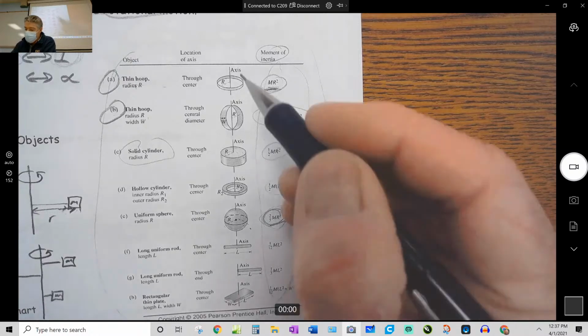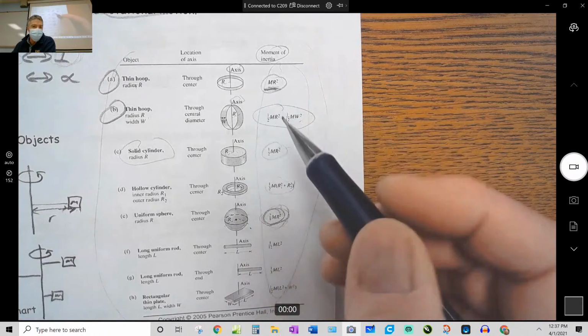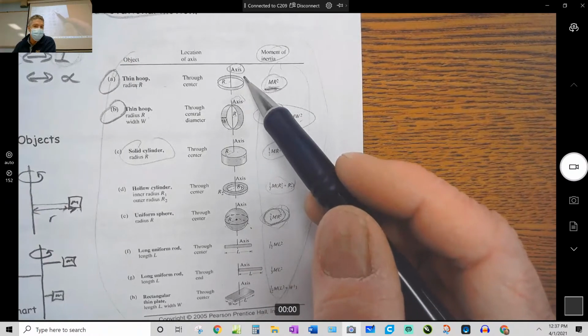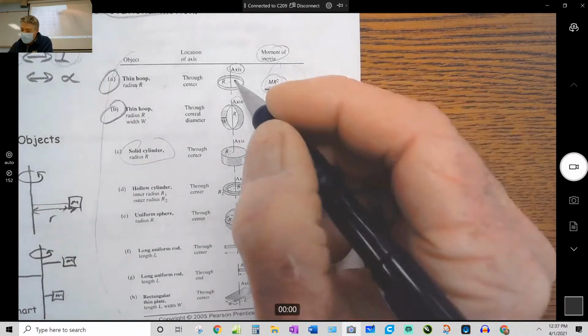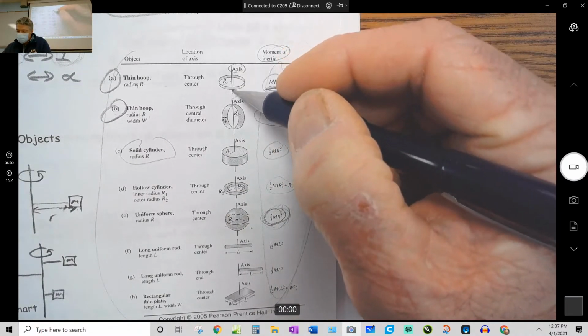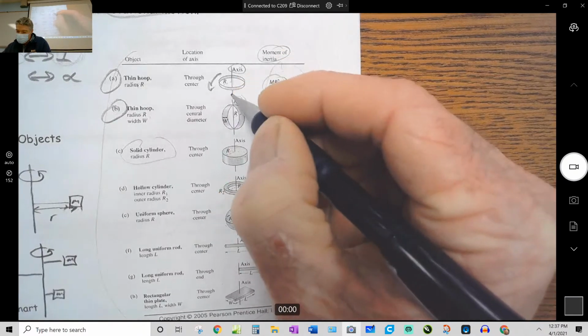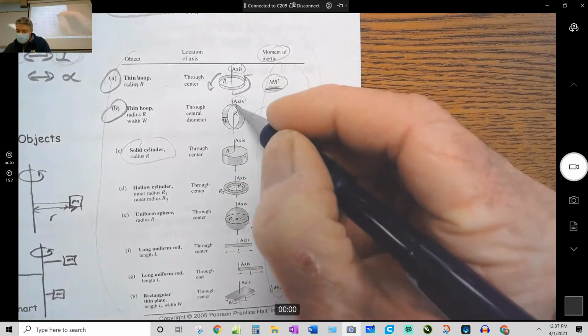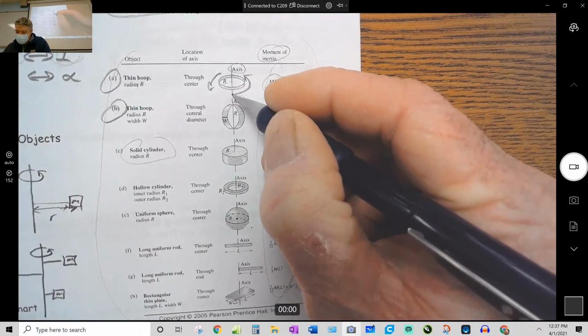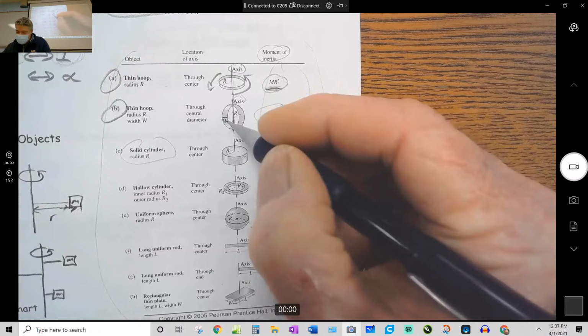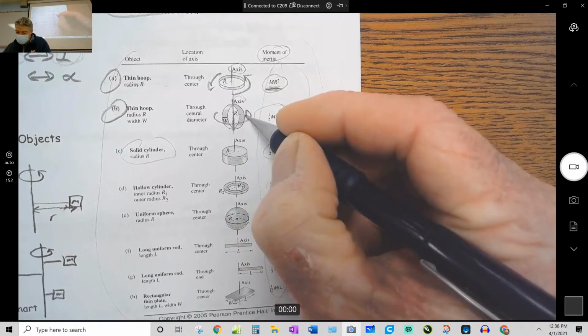So it has to do with the axis. They're showing you the relationship between the object and the axis. So if this is the axis, A is rotating around the axis like that. And if this is the axis, B is rotating around the axis like this.